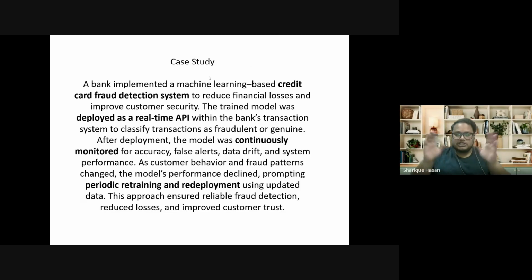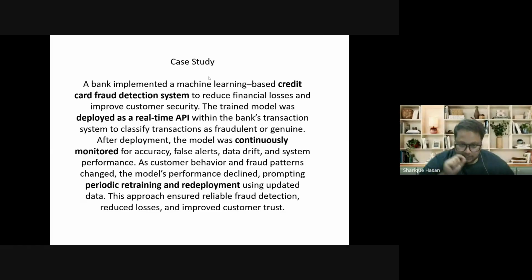So what I just explained is an example of the whole thing. You analyze customer behavior data, and through that analysis you can check whether a transaction is genuine or a fraud.